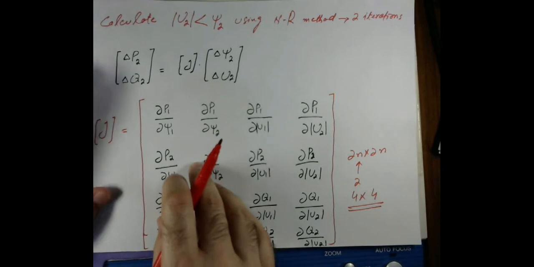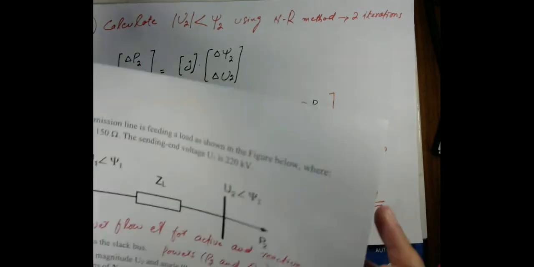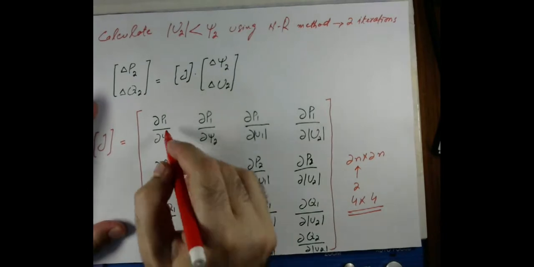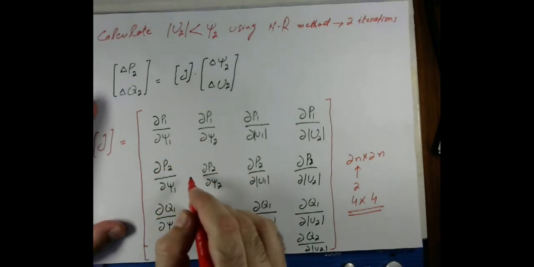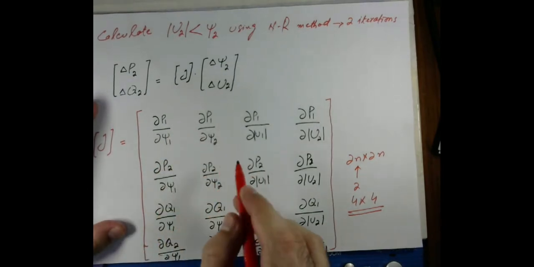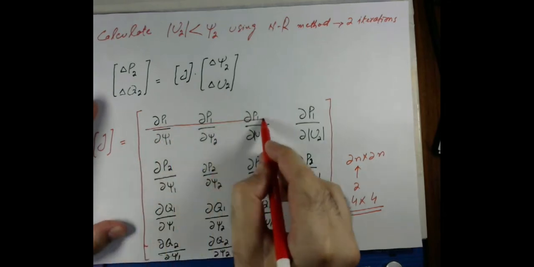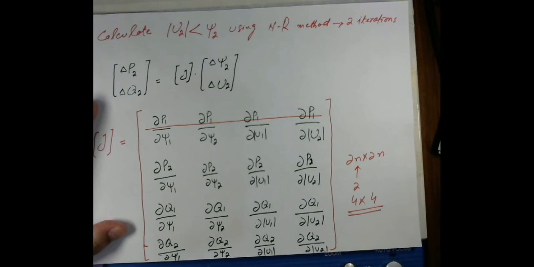So as bus number 1 is not specified for the active and the reactive power, we will remove one row, the row for P1, and similarly for Q1 this row will be removed.